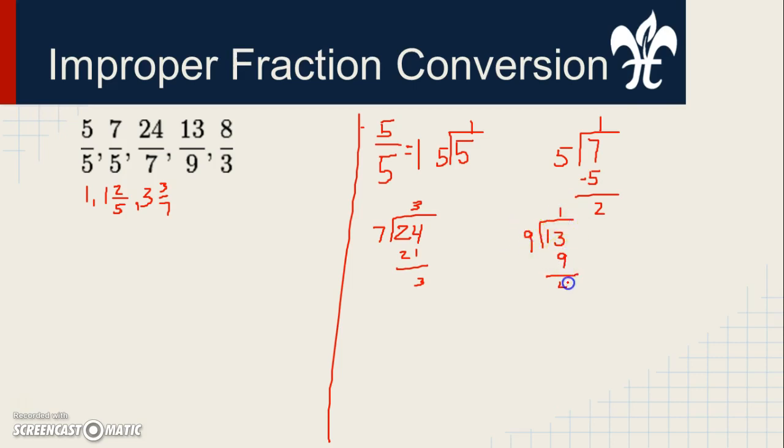I subtract and get 4. This is 1 and 4/9. Same thing with 8/3. So this is a way that you can approximate these improper fractions. Goes in there twice, which is 6. 2 is left over. So this becomes 2 and 2/3.